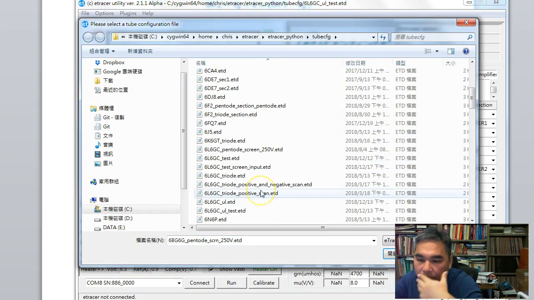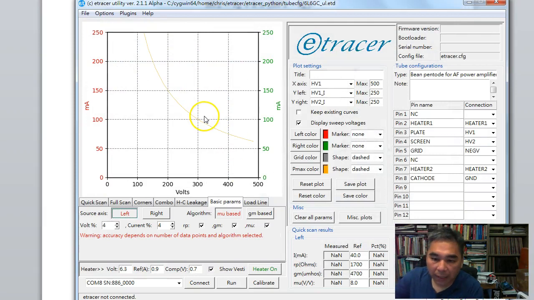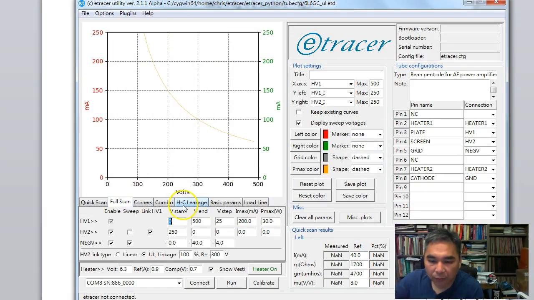Here I already have the configuration file for a 6L6 connected in ultralinear mode. The configuration is pretty similar to other configurations, and the connection is the same. HV1 has the usual swing from 0 to 500 volt. HV2 is enabled and linked to HV1.